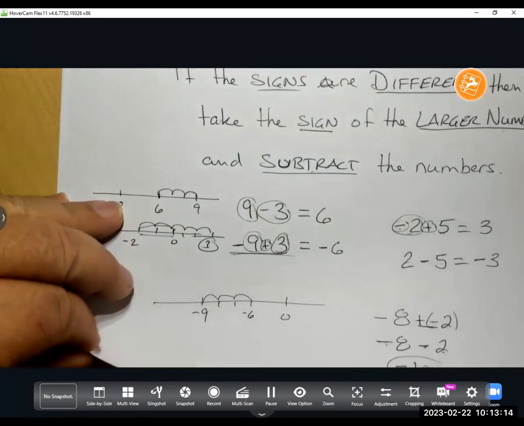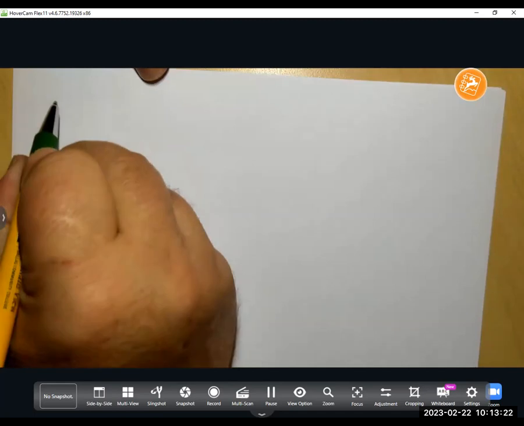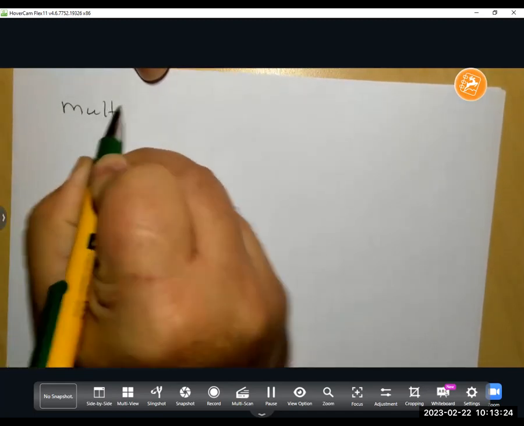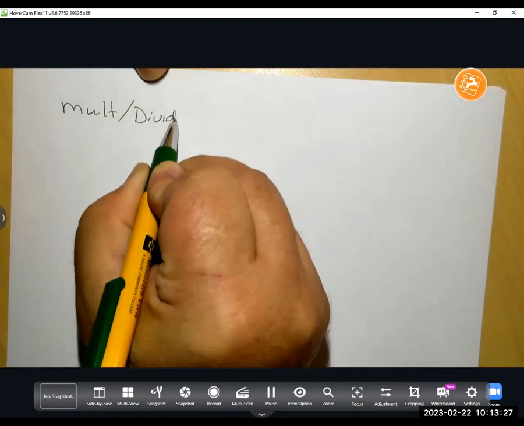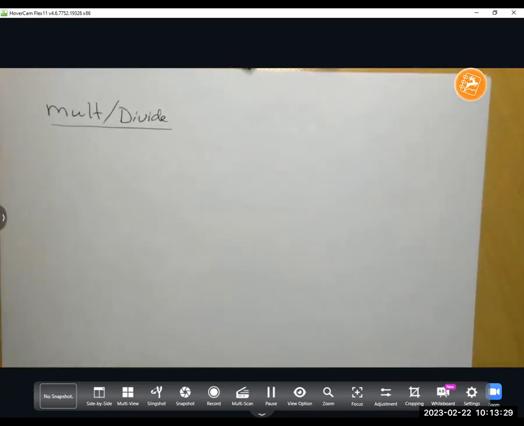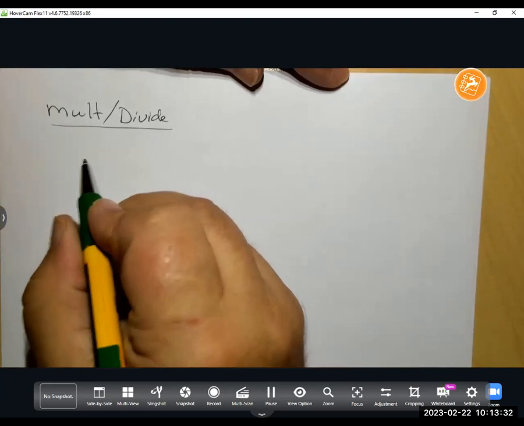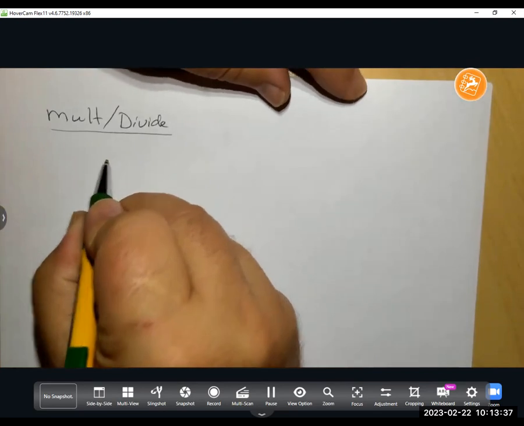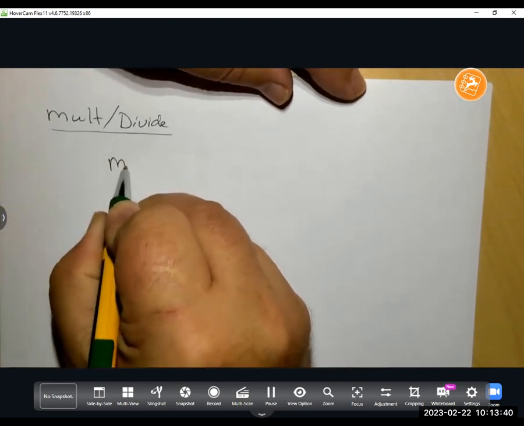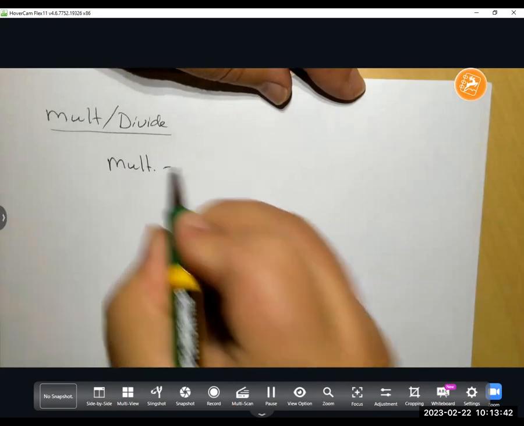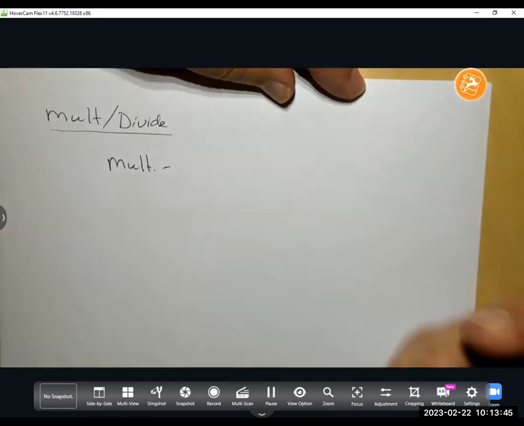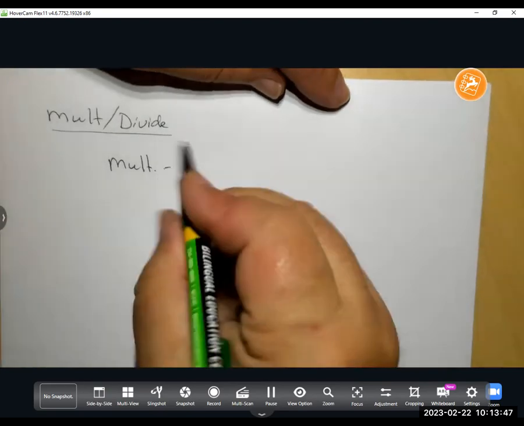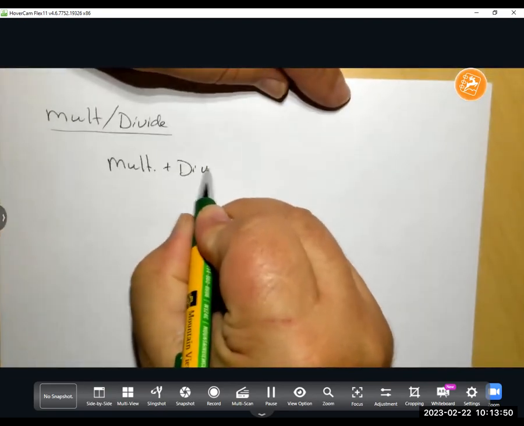So that's adding and subtracting. Multiplying and dividing. This is the same rule in both multiplication and division.